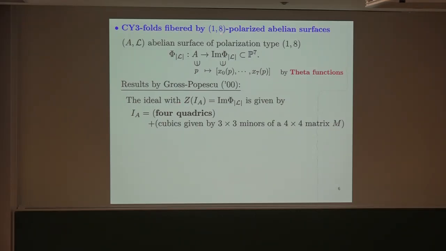The 1,8 case is in particular very simple. As I said, the problem is to find the ideal of the image, and it turns out the ideal is generated by four quadrics plus additionally the 3 by 3 minors of a 4 by 4 matrix.